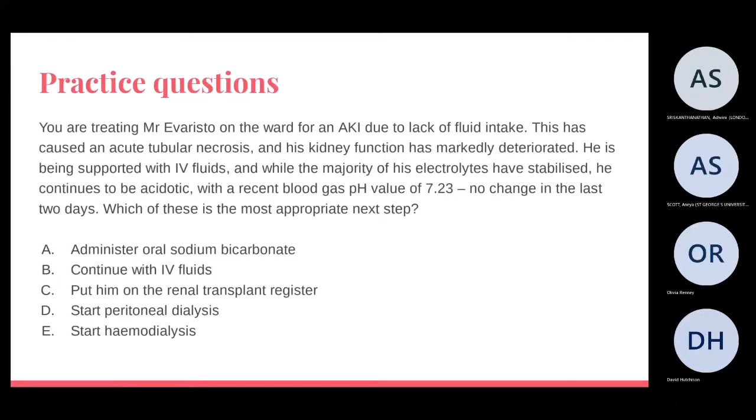Okay, I think this is the last question. So have a go at this one. And if you're struggling, just remember all the basic principles that I told you at the start.